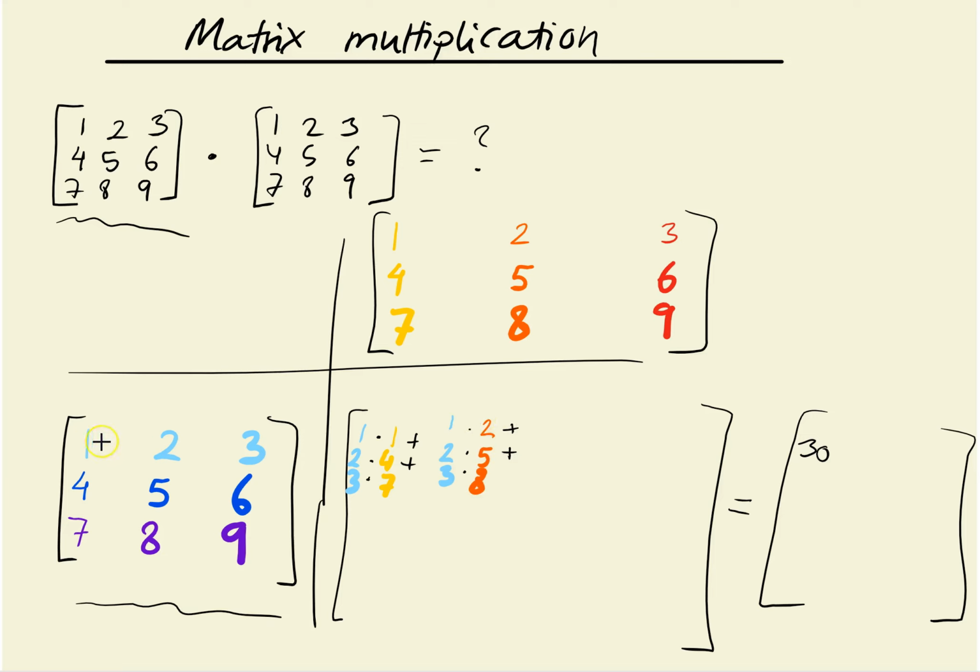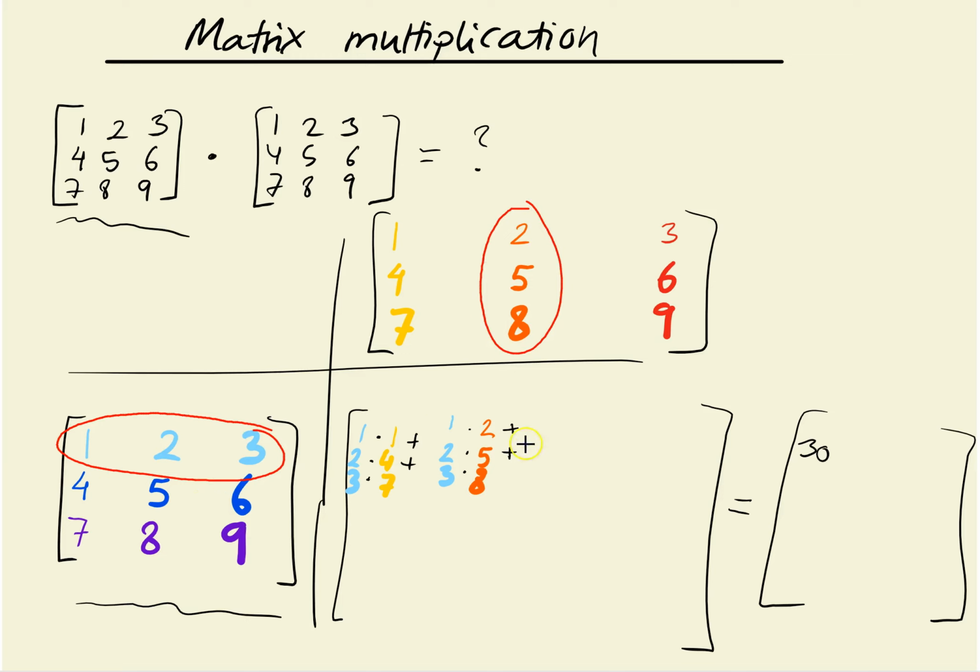We take 1 times 2 plus 2 times 5 plus 3 times 8. So again, it's like taking the scalar product of this vector with this vector. You consider this as a row vector and this as a column vector.